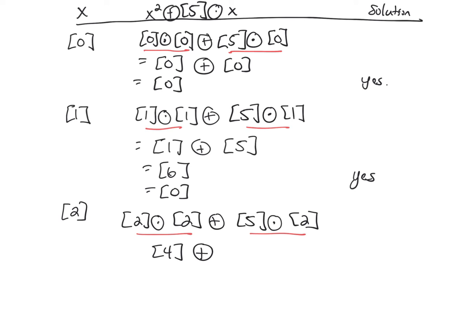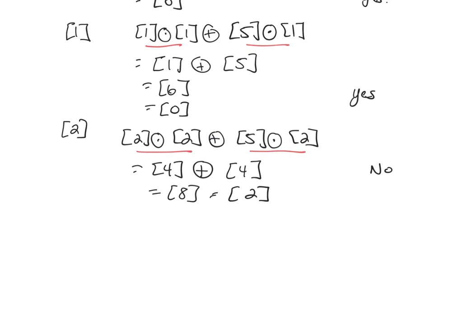And the remainder when you divide 10 by 6 is 4. 4 plus 4 is 8. The remainder when I divide 8 by 6 is 2. So here I don't get 0, so 2 is not going to be a solution.